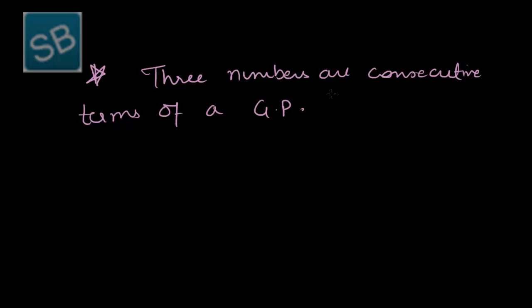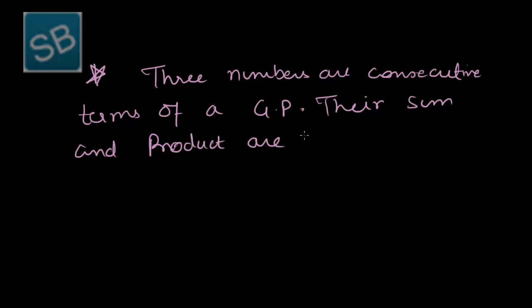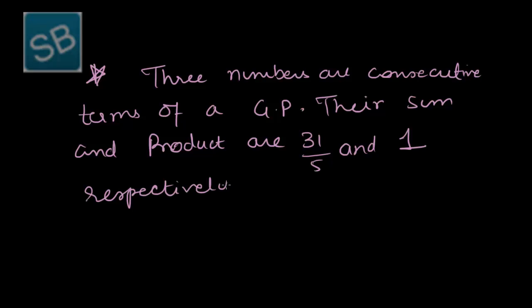Their sum and product are 31 over 5 and 1 respectively. That is, the sum is 31 over 5 and the product is 1. Now we have to find the numbers.